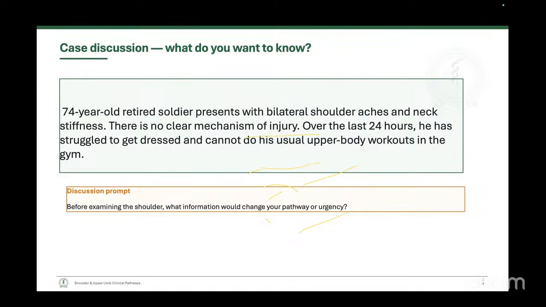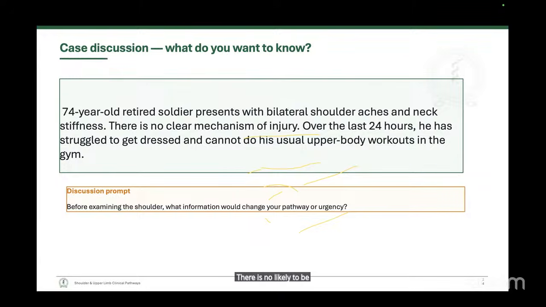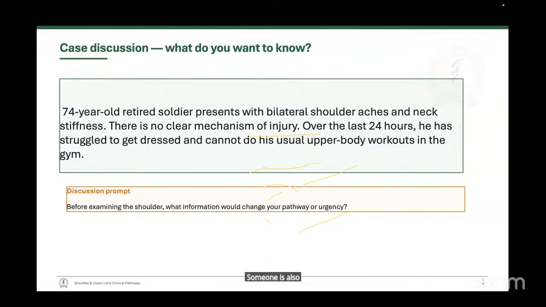Okay, someone on the chat is thinking that if the case is sudden within 24 hours, there is not likely to be polymyalgia rheumatica. Someone is also thinking that in the case of polymyalgia rheumatica, you should request an ultrasound of the shoulder.